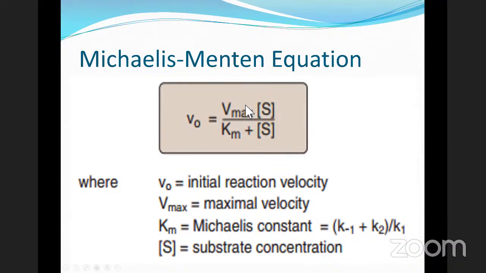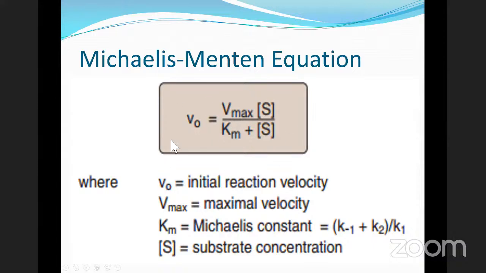Another way to express it would be through initial reaction velocity, which is your V0, which would be equal to your Vmax times your substrate over your Michaelis constant, which is your Km, plus substrate. If you remember constants, K negative 1 plus K2 over K1 is also equal to your Km.